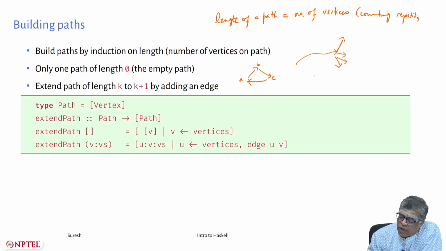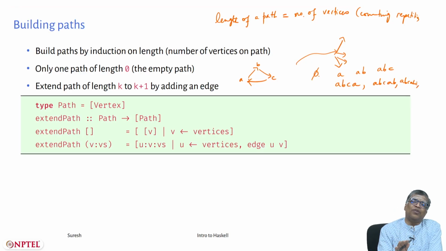So a path of length 0 is just the empty path, path of length 1 is A, path of length 2 is AB, path of length 3 is ABC, path of length 4 is ABCA, and you can actually go ABCAB, ABC, etc. Even though there are only 3 vertices, you can have paths of longer and longer length, because the way we count length is the number of occurrences of a vertex in it, not the number of individual vertices that occur.